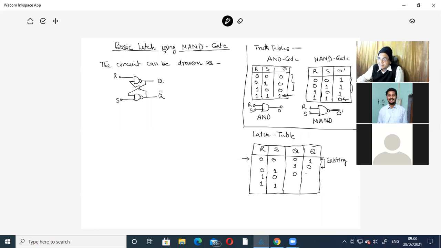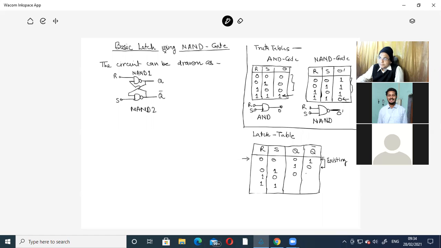This is the R input going to the NAND, and here is the other input of the NAND. This is NAND 1, and here is NAND gate 2.